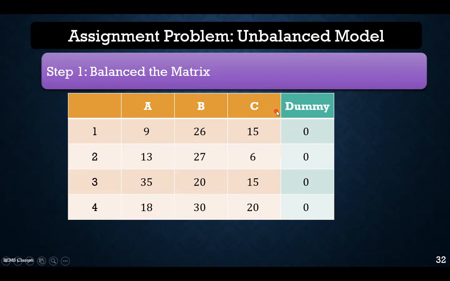In this case, we have added one dummy column. This is the way by which we are balancing the given unbalanced assignment problem.